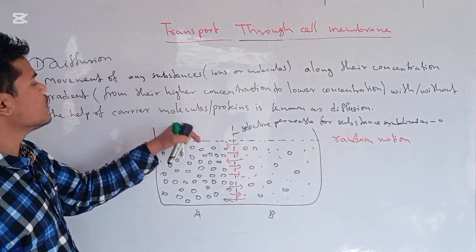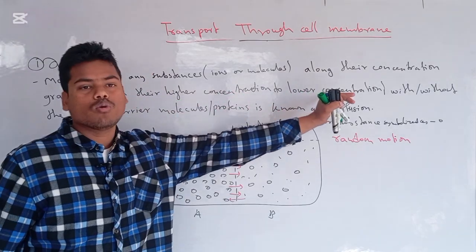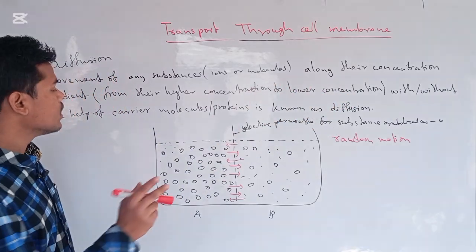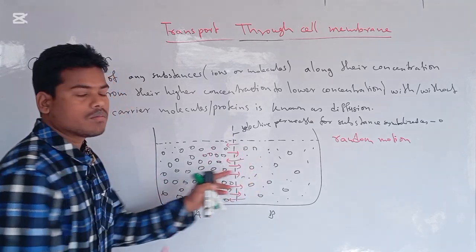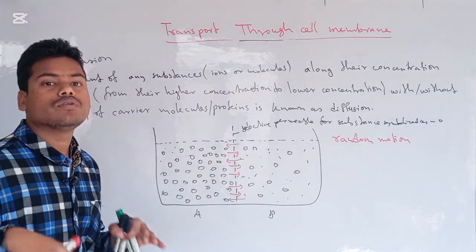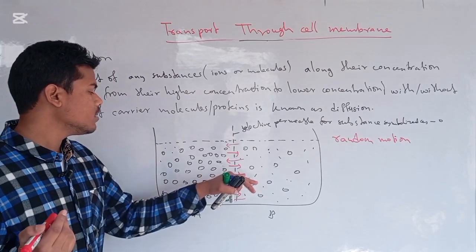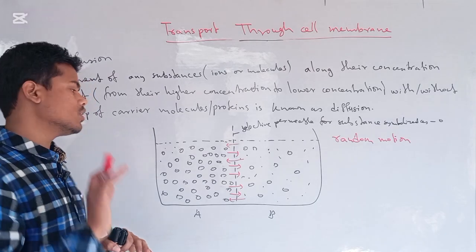Hence the definition is from higher concentration to lower concentration, but remember, molecules or ions can also move from low concentration to higher concentration in a small amount, but the net diffusion will be from higher concentration to lower concentration.